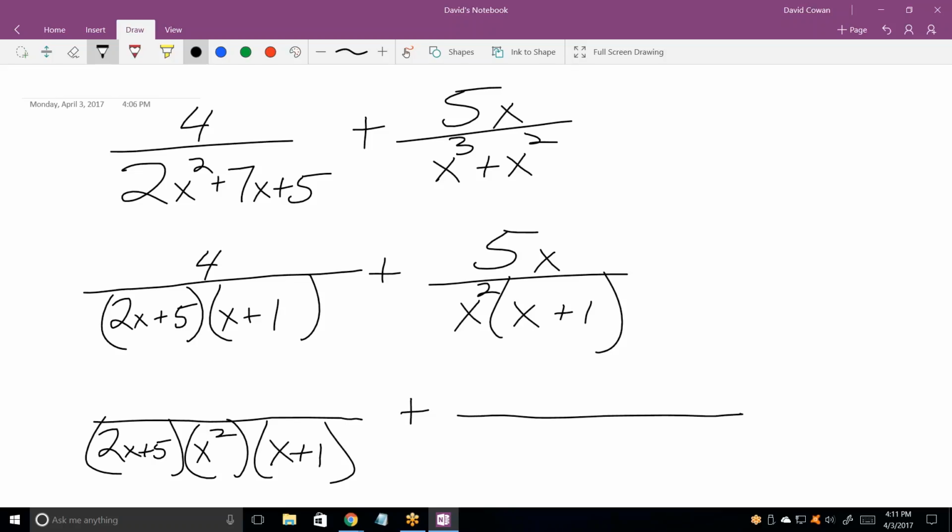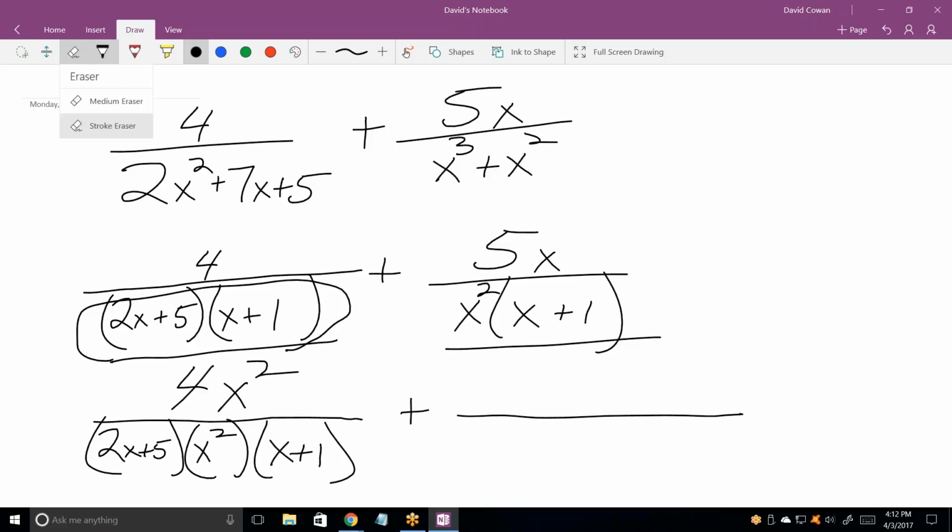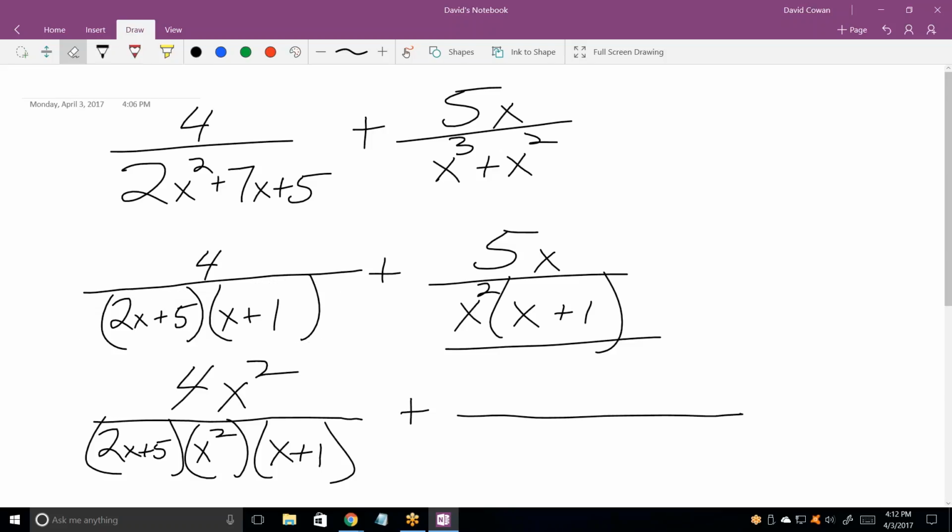Now, how do I know that's the least common denominator, or even a common denominator? Well, if each of the denominators divides into it evenly, then it's a common denominator. If I take this term and divide it into my denominator, I get x squared. So if I put 4x squared there, then I have not changed the fraction, and that's the key.